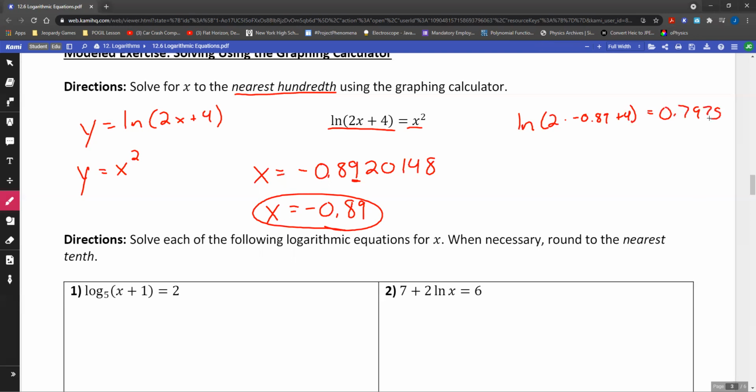And then if we do negative 0.89 squared, we end up getting that this is also 0.7921. So we get a slight difference, but that's just because we rounded this entirely long number to only 2 decimal places. And we see that within 2 decimal places, they are the same.